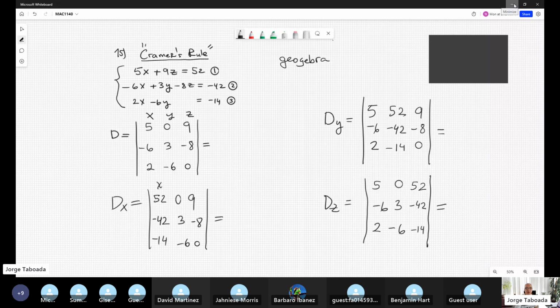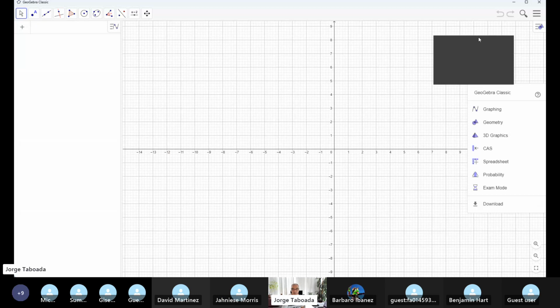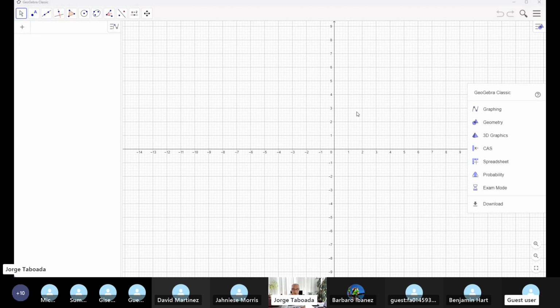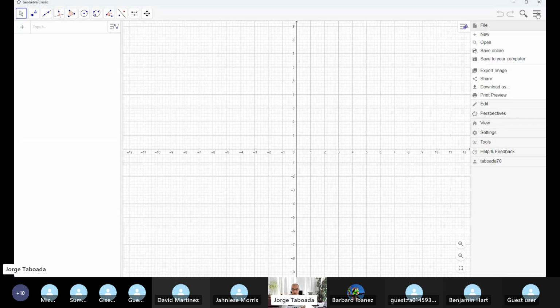Switching to GeoGebra Classic. Okay. You see now? Yeah, we see it. Okay, cool. Now you press this 3-line horizontal icon to get the menu. And you have different possibilities to save something. But you go to the view, because GeoGebra has different windows for different applications.